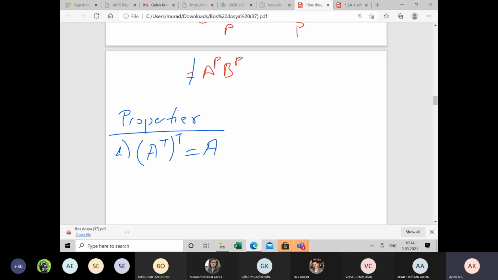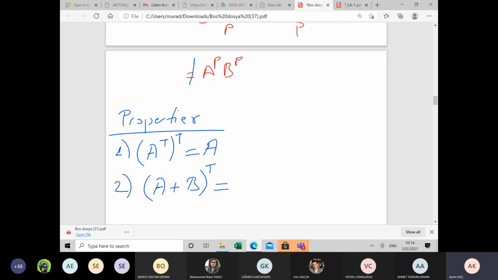Second property: take two matrices of appropriate sizes. Look at this sum, which gives one matrix. Take the transpose of the result matrix. What can you say about this one?